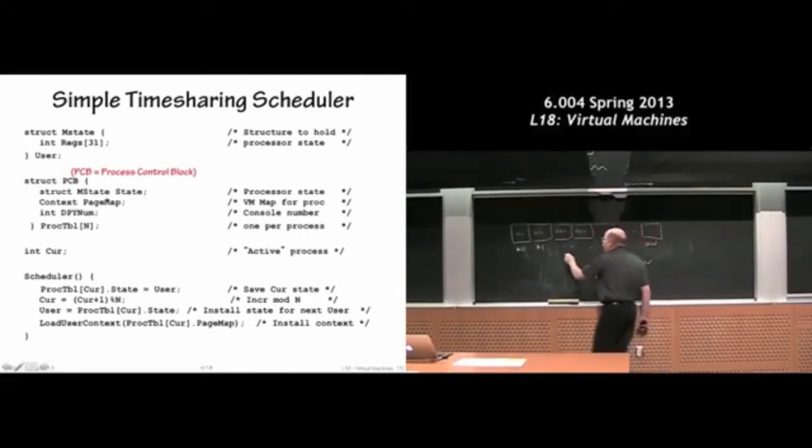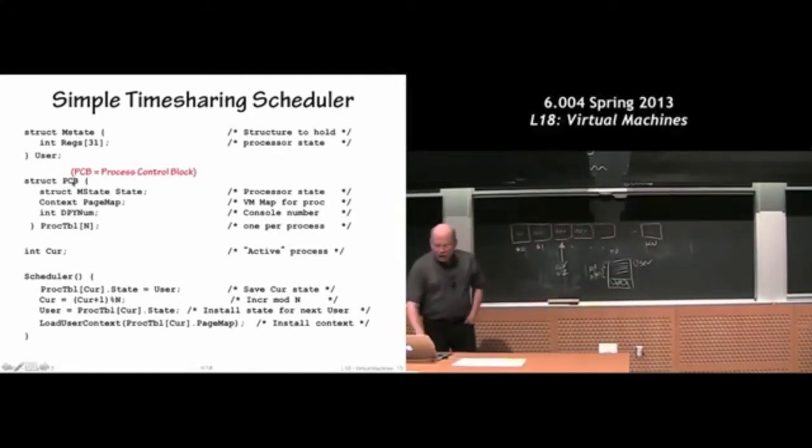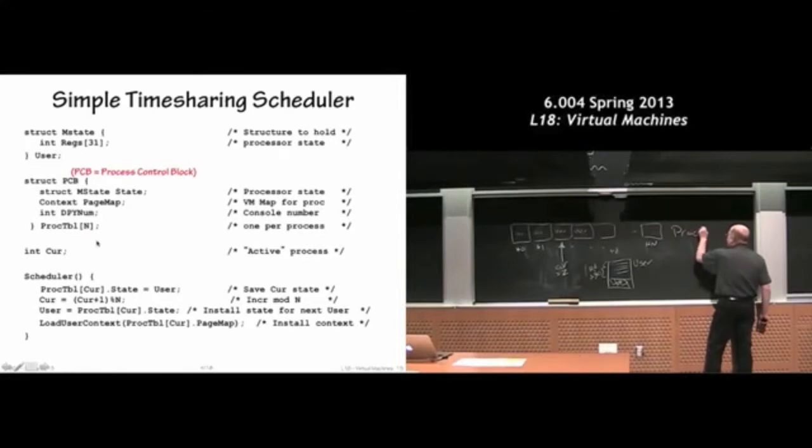And there's a notion of a current process. So the current process is equal now to 2. I'm just reminding myself which process I'm running. This so-called process table that I've described here is what in the slide is called proc table.